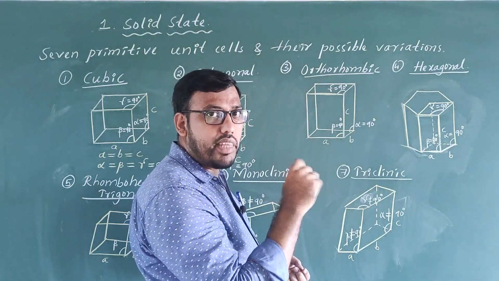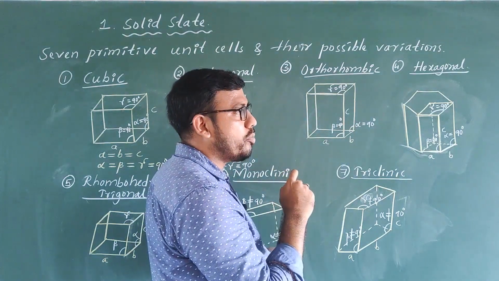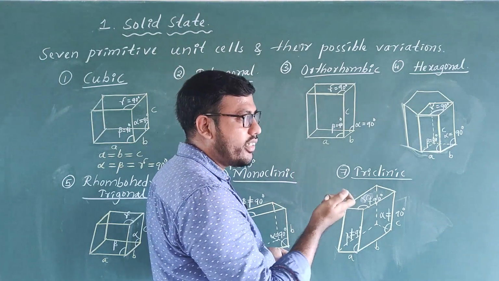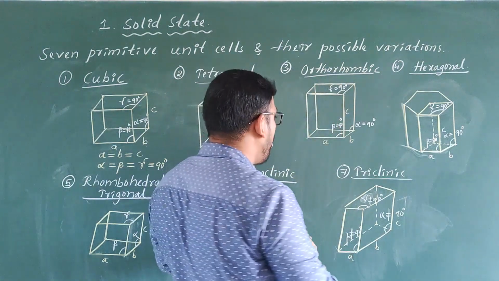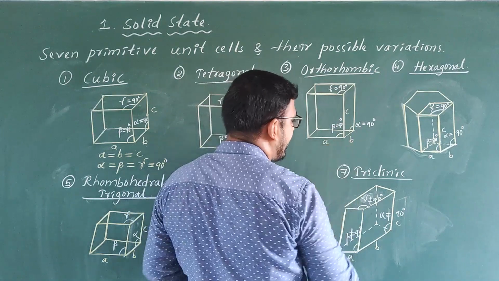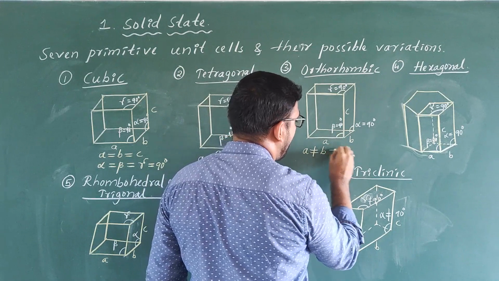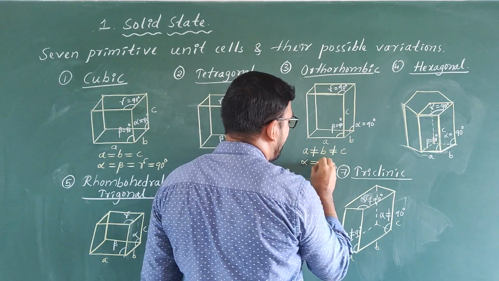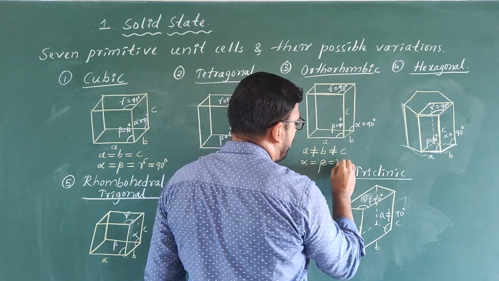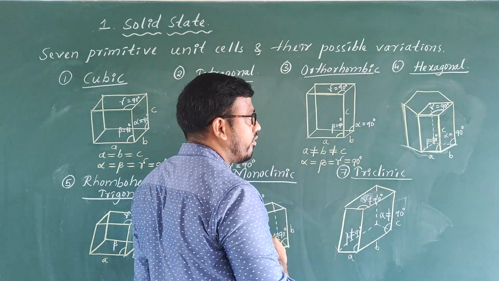Yes, it has been asked in one of the CET exams. So a matchbox appears to be which type of crystal system? You may easily answer orthorhombic. The edge lengths are not equal, so a is not equal to b and that is also not equal to c, but the angles alpha is equal to beta is equal to gamma is equal to 90 degree here.